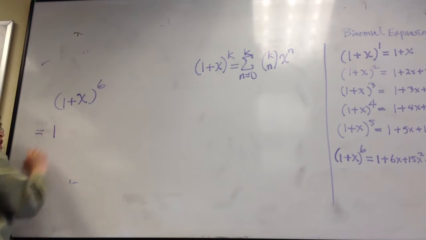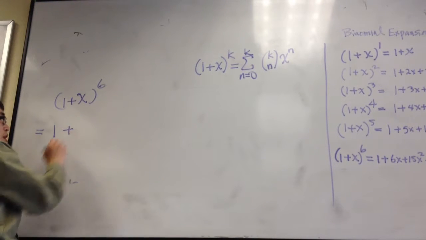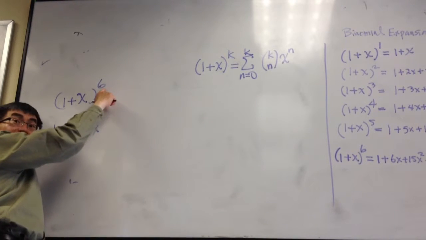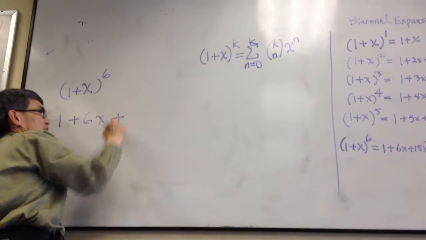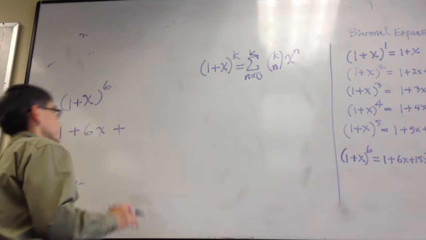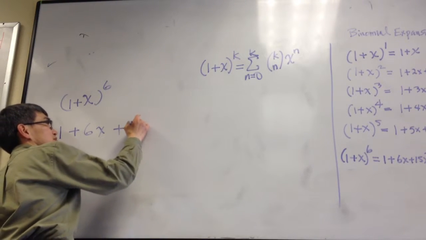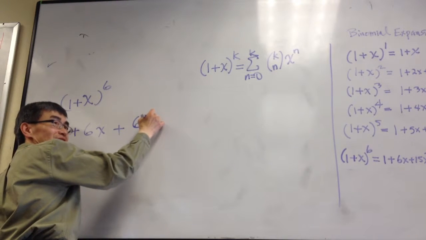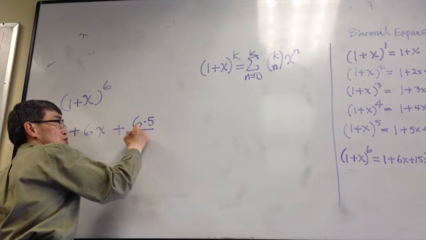The first one is 1. The x term is 6x; this 6 obviously comes from the exponent 6. The next one is 15x squared. Where does 15 come from? It turns out it's 6 times 5 over 2 factorial.